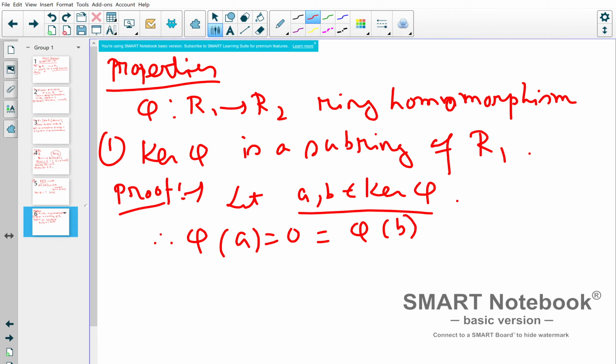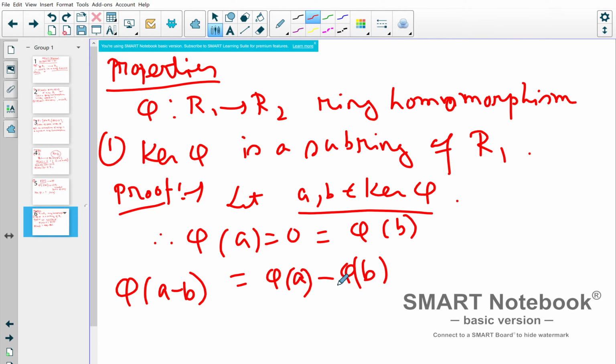So I need to prove what phi of a minus b is. By the property, phi of a minus b is nothing but phi of a minus phi of b.